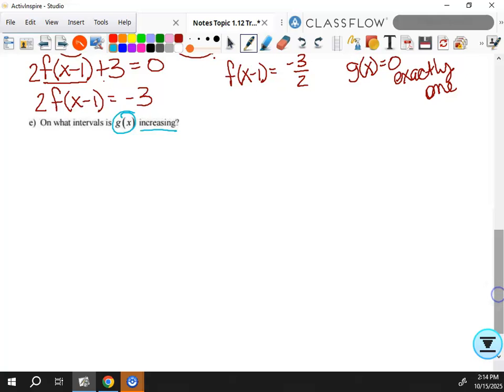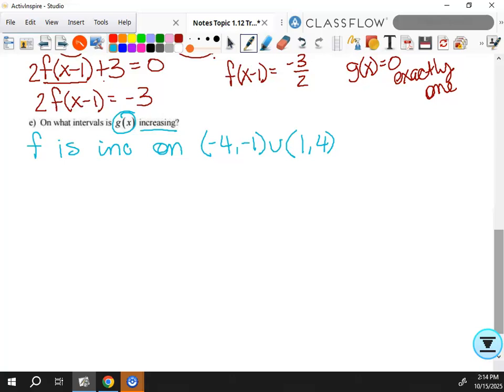So even though it's asking me for g, I start off this way. I say that f is increasing on, and then I write down those intervals: from -4 to -1 and 1 to 4.